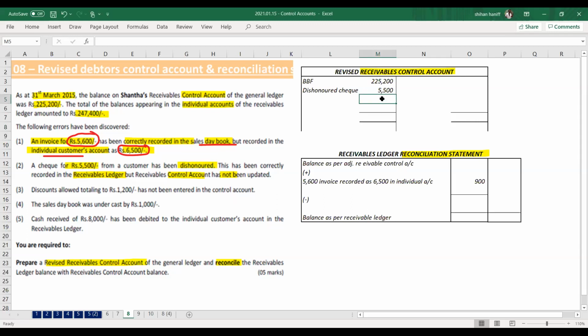Control account balance will increase. Debtors balance will increase by 5,500.